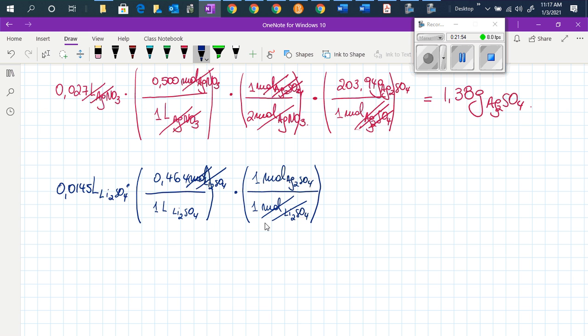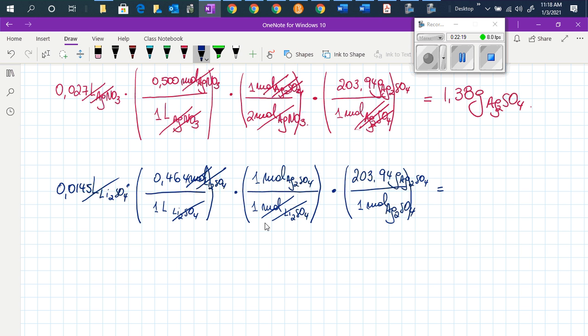So moles of lithium sulfate is cancelled out. And now using the molar mass, 1 mole of silver sulfate is 203.94 grams of silver sulfate.